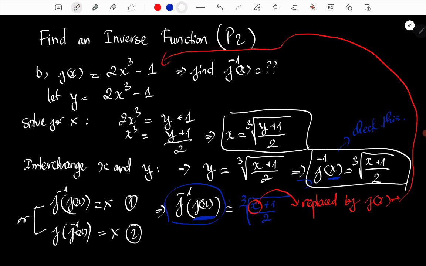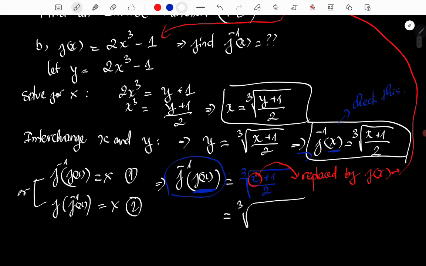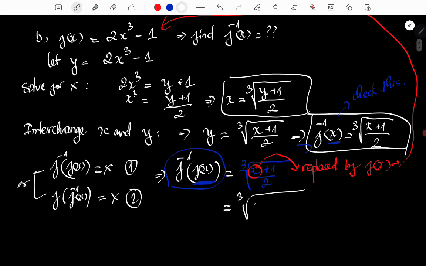Okay, so now it's easier. We just write the cube root of, and then the f(x) given by the exercise is 2x³ minus 1, and then we still have plus 1 right here, and then divided by 2.